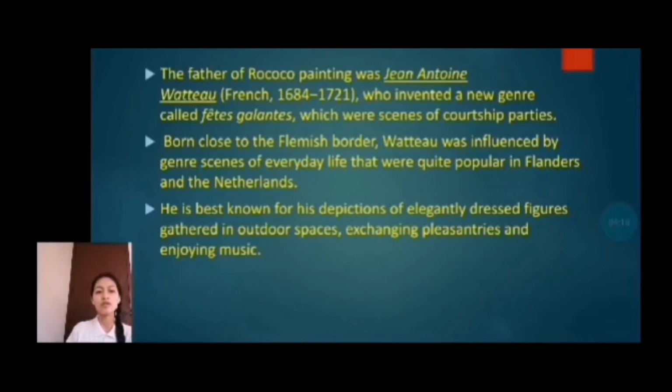Born close to the Flemish border, Watteau was influenced by genre scenes of everyday life that were quite popular in Flanders and the Netherlands.